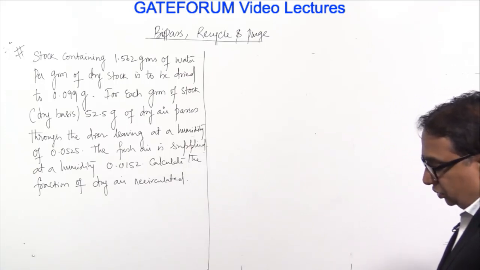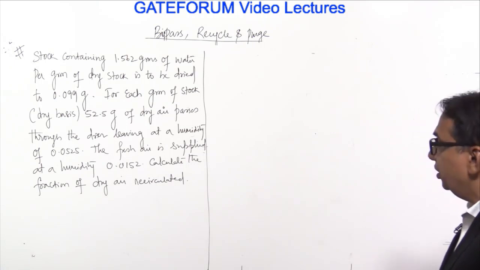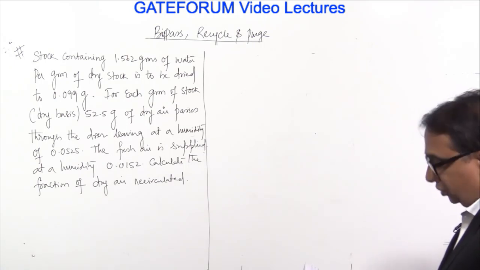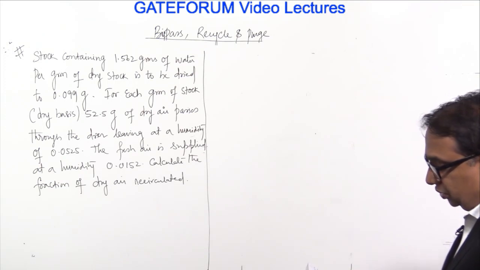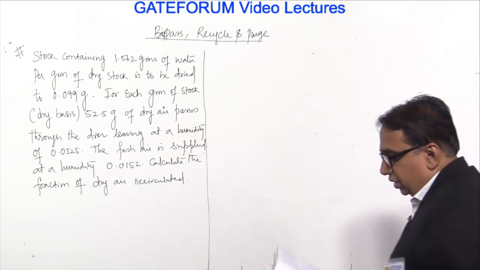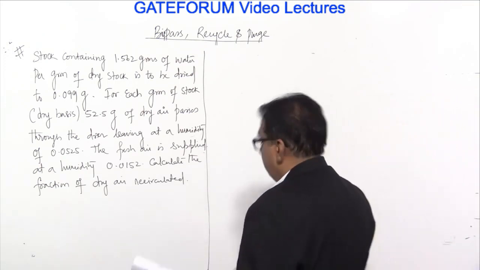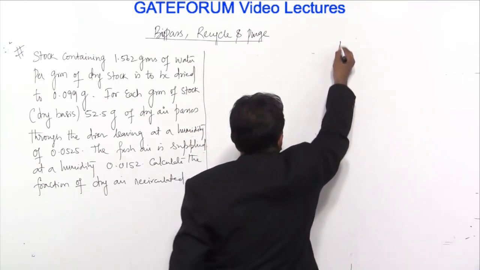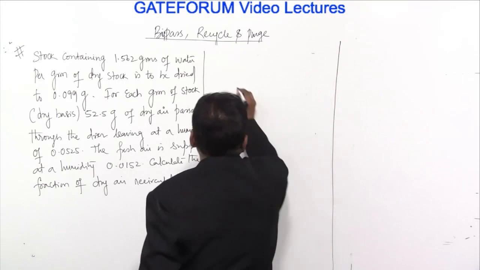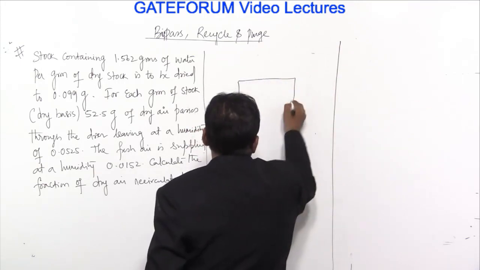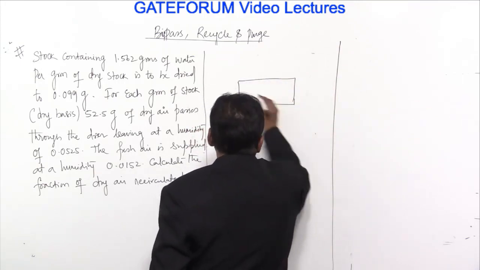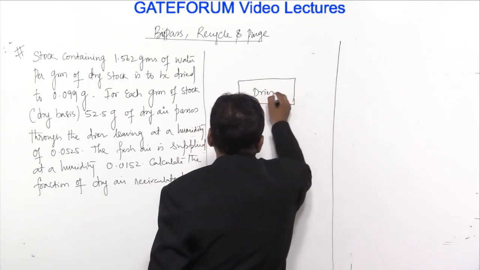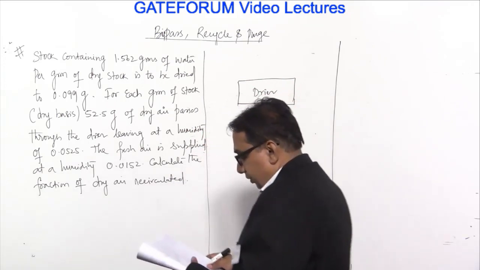The fresh air is supplied at a humidity of 0.012. Calculate the fraction of dry air recycled. So this is another wonderful problem. It is dry air here, and since it has not been given, we have to draw the diagram so that you understand.